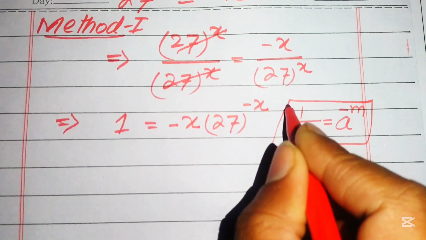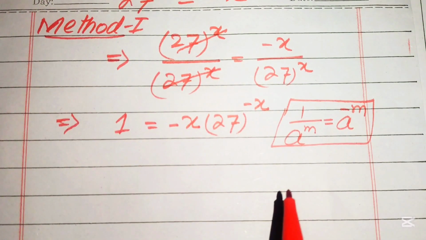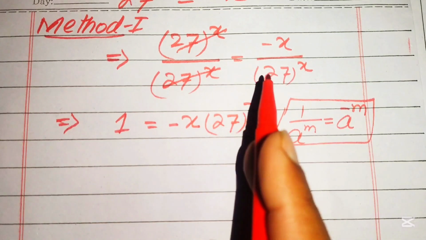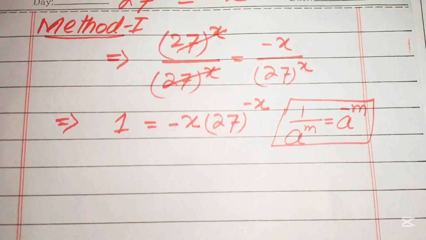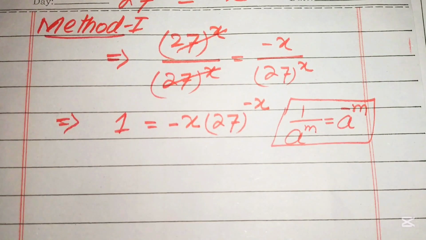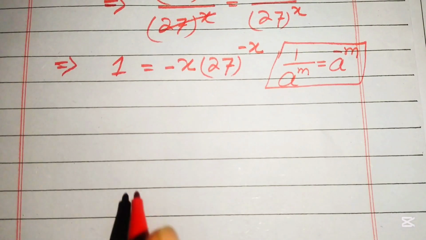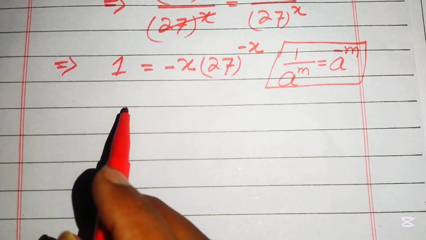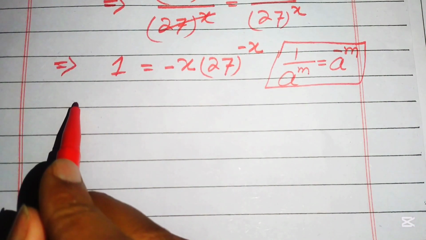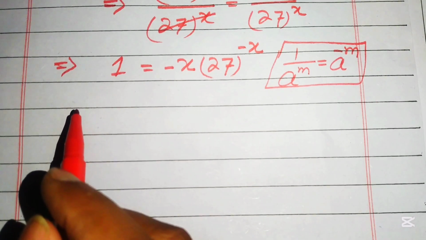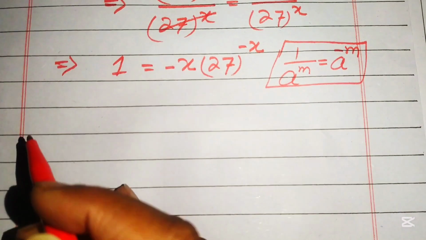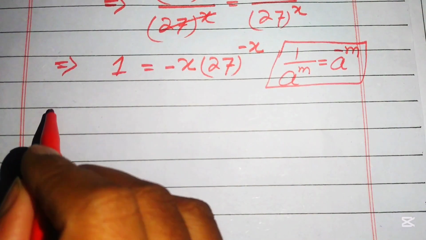Now we apply this nice exponential law on this term, so that its exponent becomes negative. And now after this, we need to apply the Lambert W function. So here first we introduce the Lambert W function.